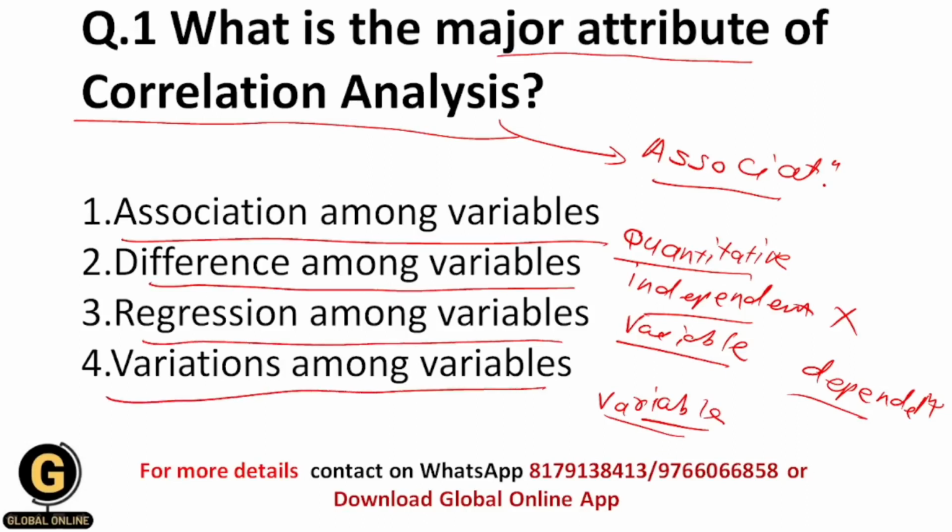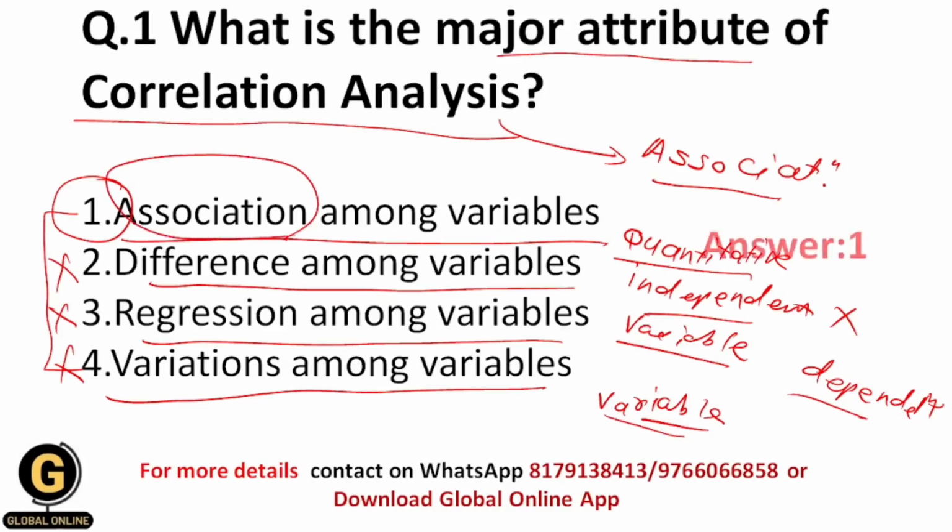Now you tell me what should be the correct answer. Obviously association among variables, because this does the association between the variables, not difference, not regression and not variations. I know these two words, variation and association, are confusing, but here it is association, not variation. So the correct answer is 1.